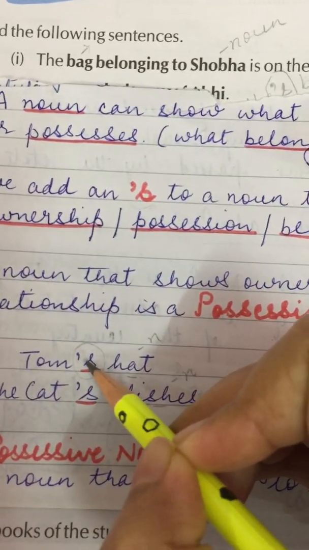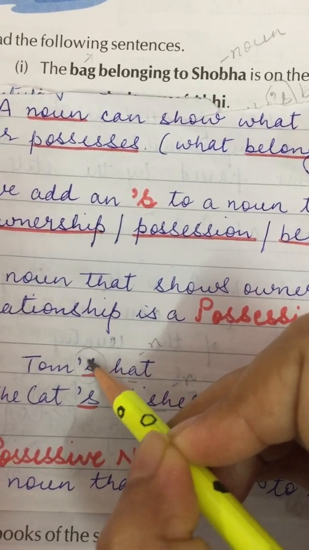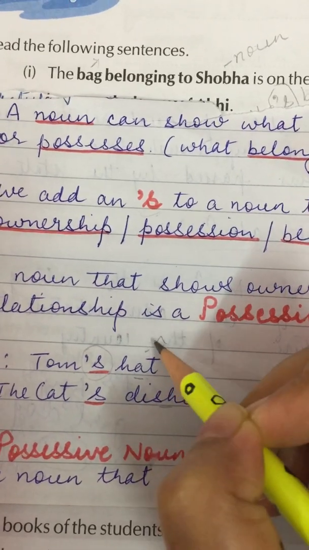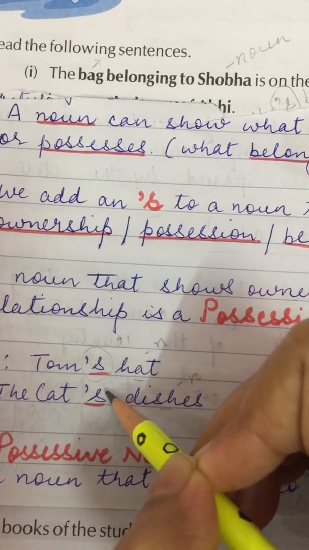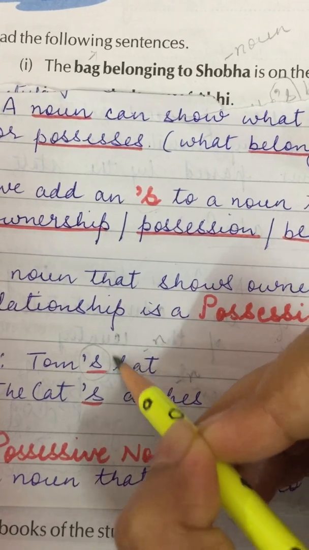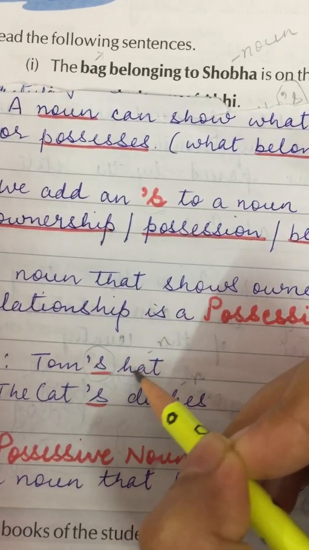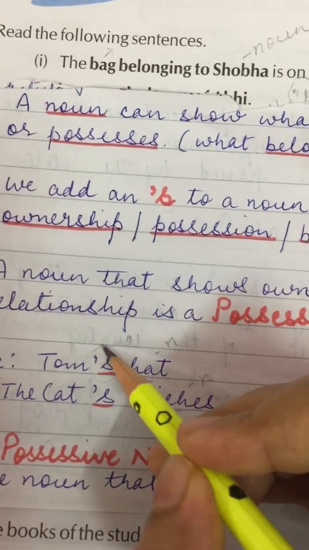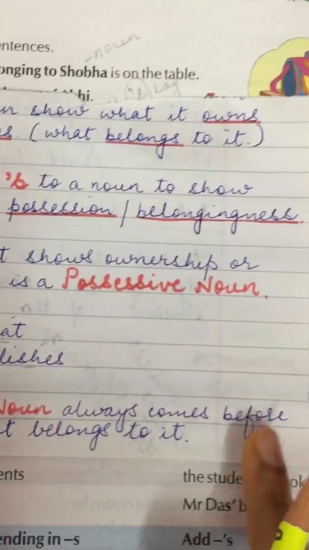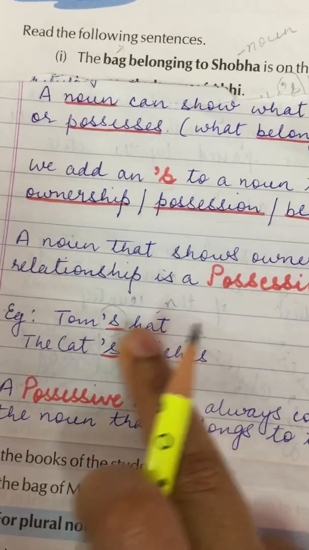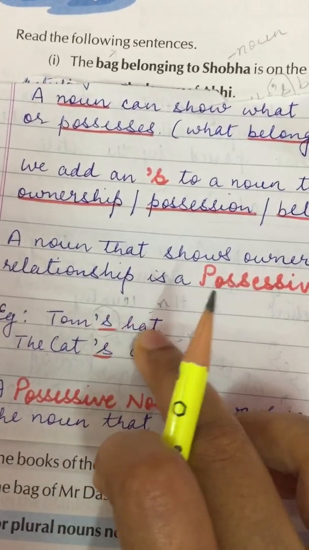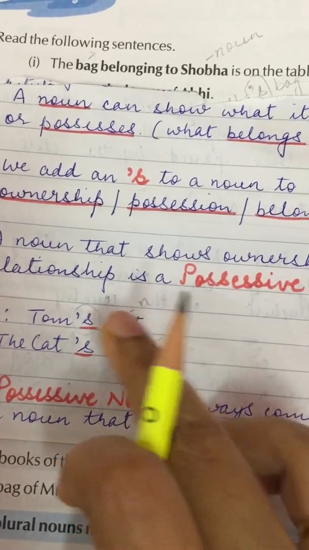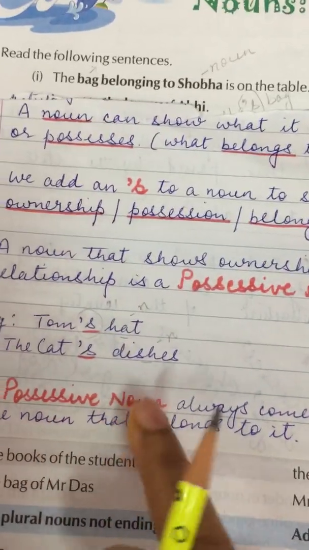Apostrophe S is coming before this hat. Tom, it is Tom's hat. So this apostrophe S will always come before the noun that belongs to it. It is coming before hat, and here apostrophe S is coming before dishes. It always comes before the noun it possesses.